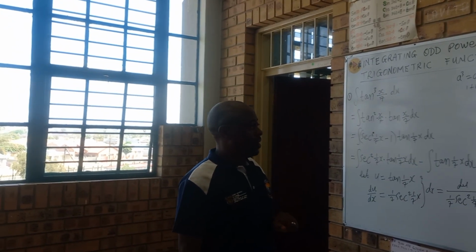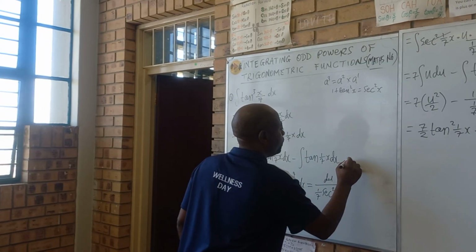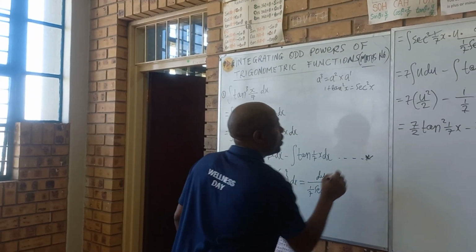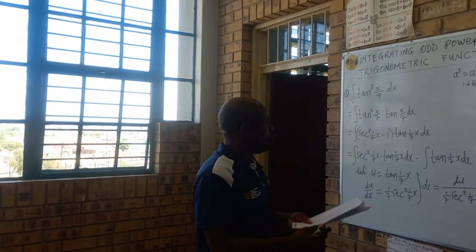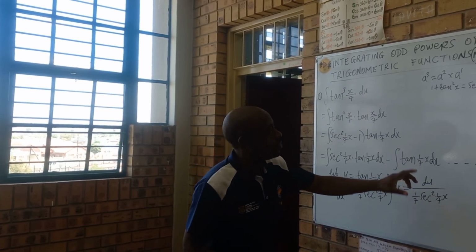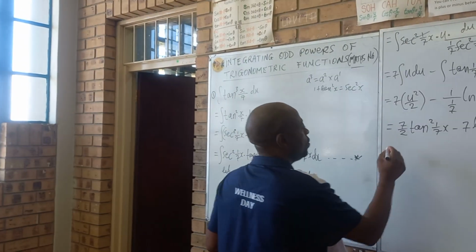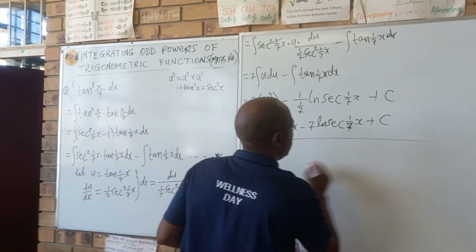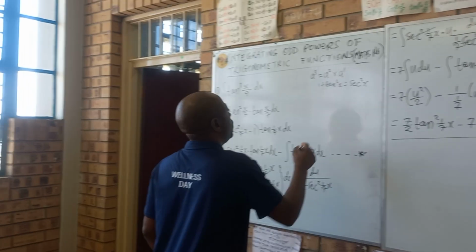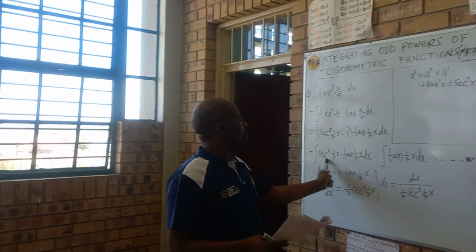But as I explained earlier, once I reach this step, rather than saying let u be equal to tan 1 over 7x and then doing all this story, integrating in terms of u, there is also another option that we can use, which we call the power rule, which helps us to do integration faster.